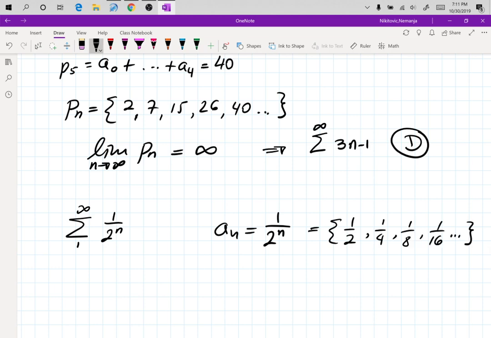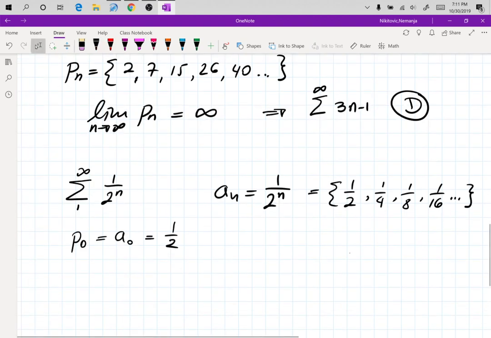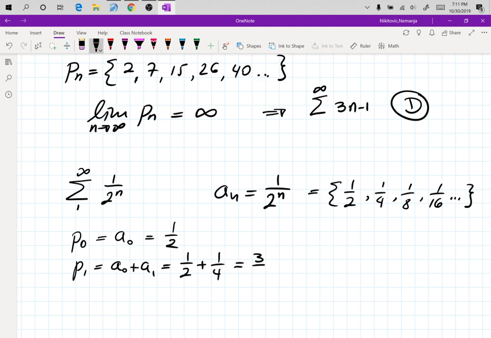I'm going to bail quickly on this one. What are my partial sums? P1 or P0, whatever you want to call it. P0 is equal to A0, which equals 1/2. P1 is equal to A0 plus A1, which is 1/2 plus 1/4, which is 3/4.